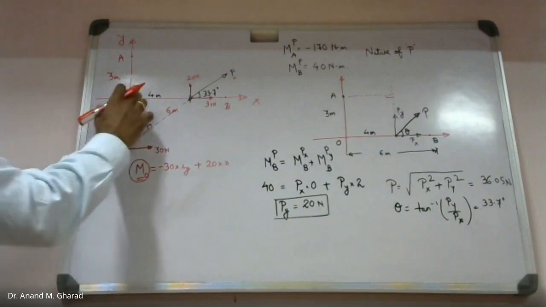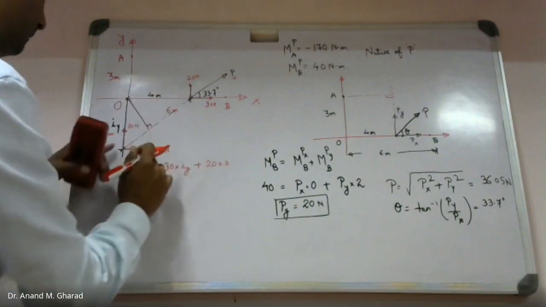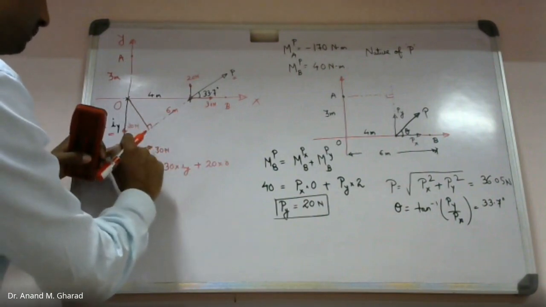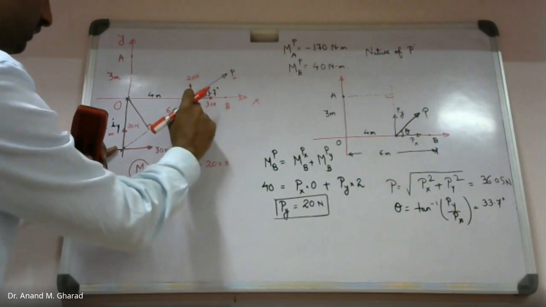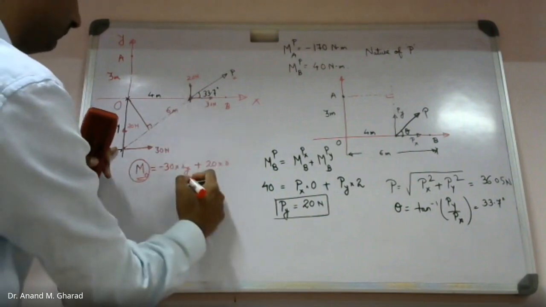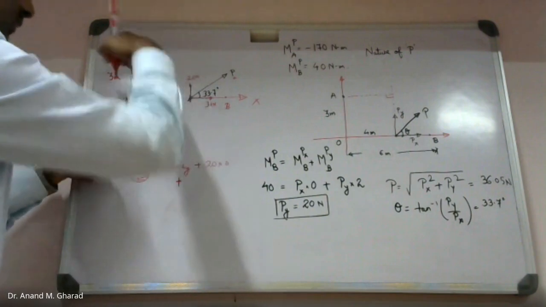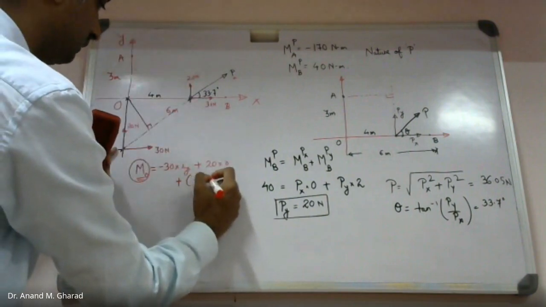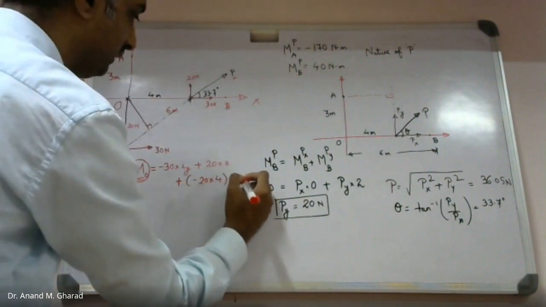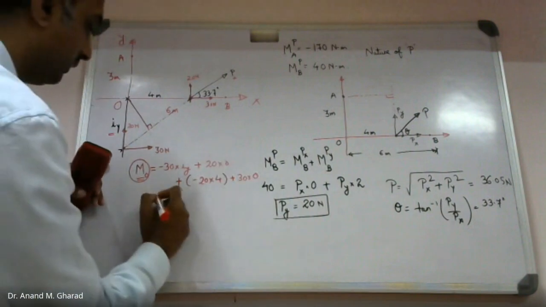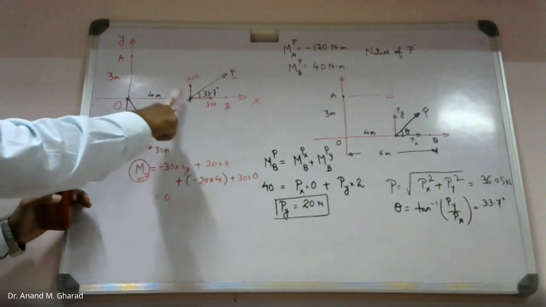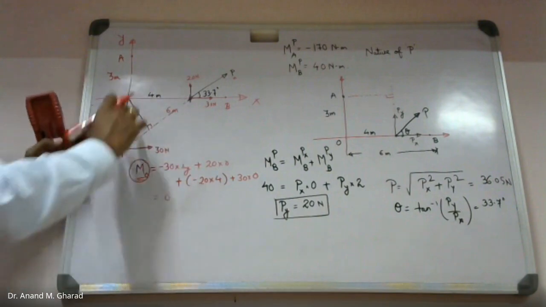So if I take moment about that point O, these are the two components at this point, and these are two components at this location, right? So what you do, minus, or rather plus 20 into 4, that is minus 20 into 4 because it is producing an anti-clockwise rotation, plus 30 into 0, and then equate it to 0 because the summation of moment about this point O will be equal to 0 in order to maintain the equilibrium.